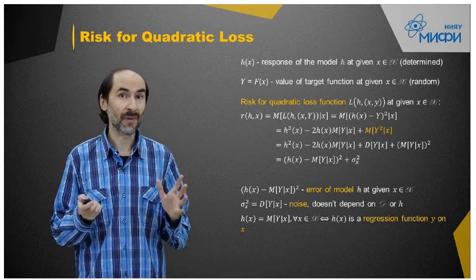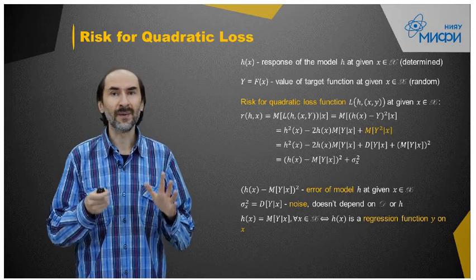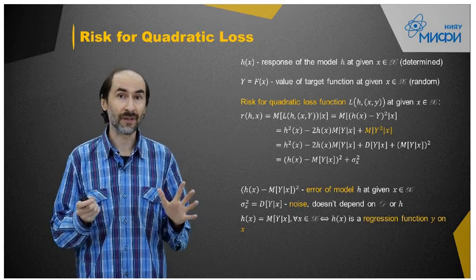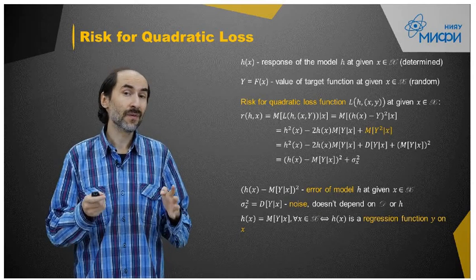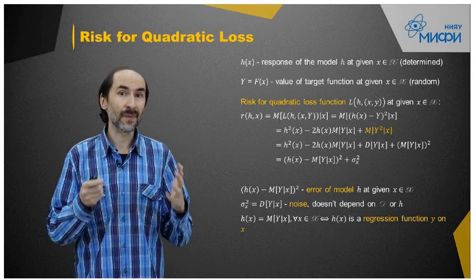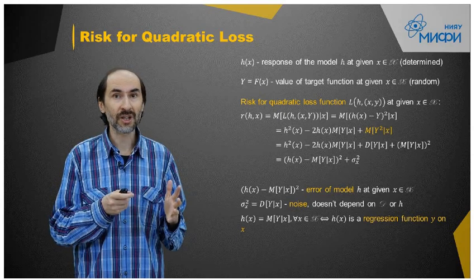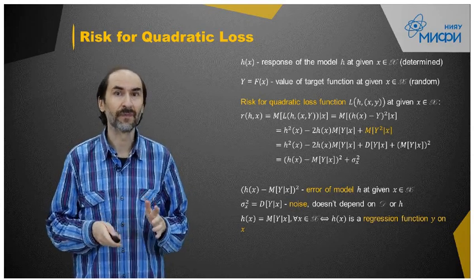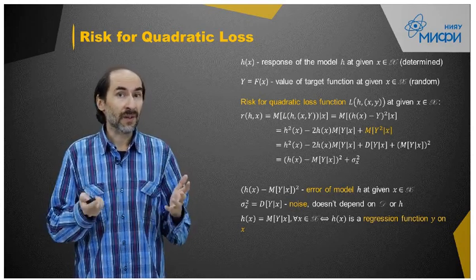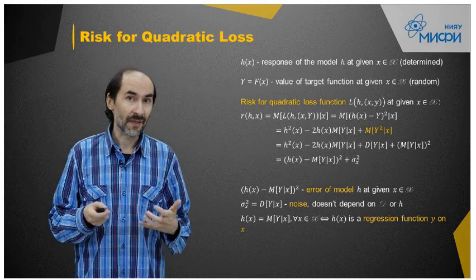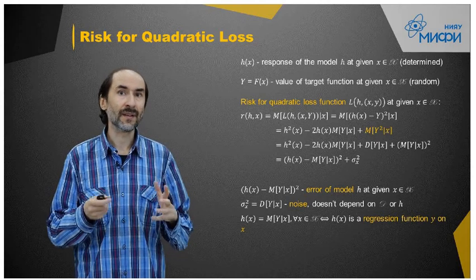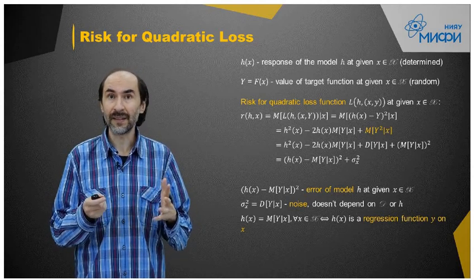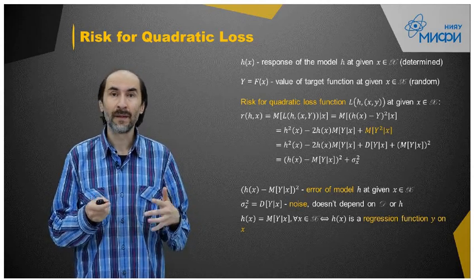As it's known from mathematical statistics, this expectation as a function of x is called regression function. So the first term is a mismatch between modeled function and a regression function. And it can be minimized because we can influence the function h of x by choosing the hypothesis from the given hypothesis domain.